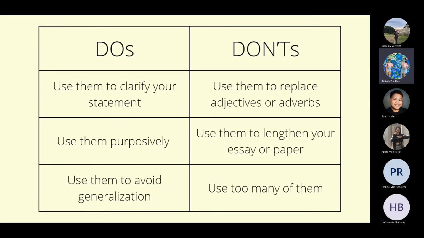Third is to use them to avoid generalization. It seems that when someone else makes assumptions or generalizations, we hate it. And when we next hear someone else make a generalization, we again forget the value of the statement. I assert that the value of a generalization is quite simple.